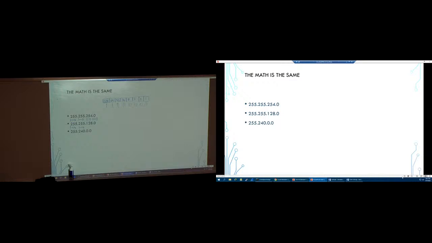And then lastly, what's the slash notation? How do you write it in the short form? So a 255.254.0 would be a slash what? Okay, so just write all those down.